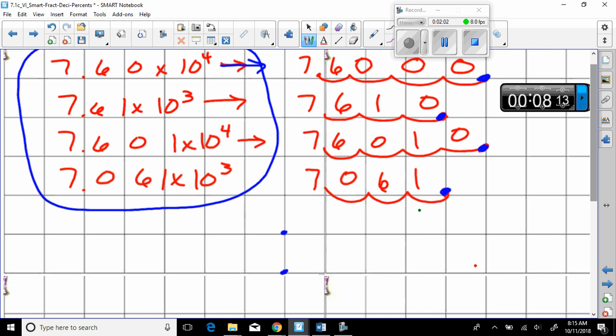So the first one is 76,000. So I'm just going to kind of work backwards so I don't miss any. I'm putting my digits in a separate box so I can line them up neatly. All right, so I did that one. Then I'm going to do this one, which is 7,610.